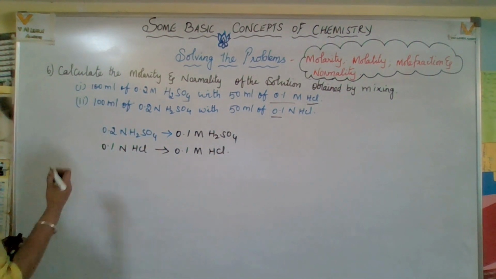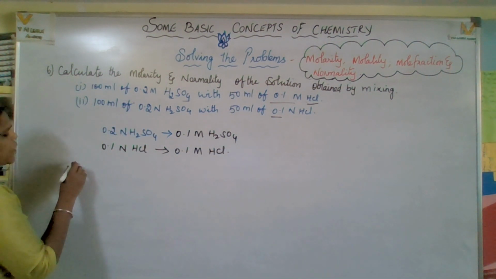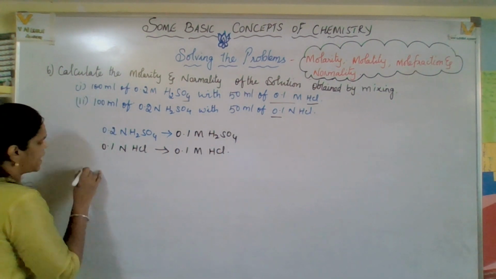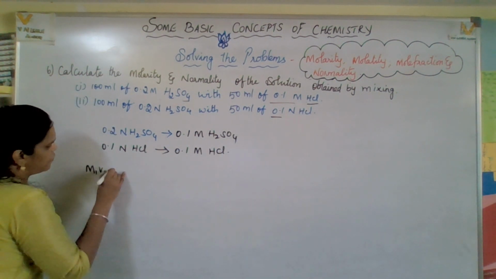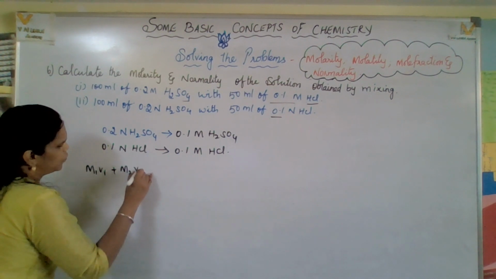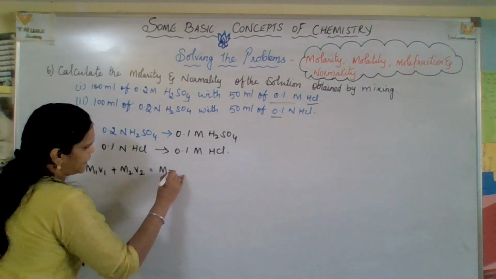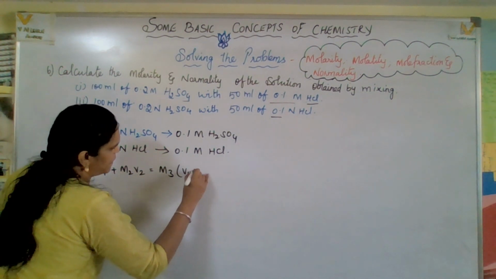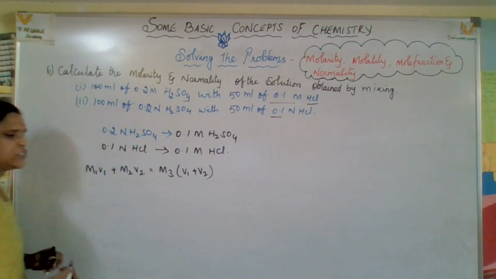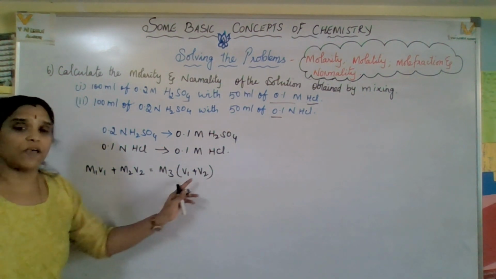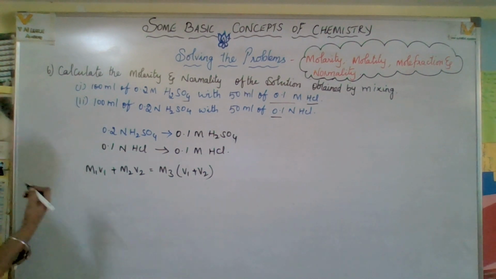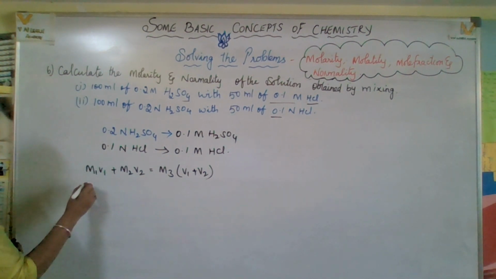Okay, now let us go for the molarity. Here molarity, right? So M1 V1 plus M2 V2 equals M3 V1 plus V2. V3 we can also write as V1 plus V2. That's all. Okay, now let us identify M1.